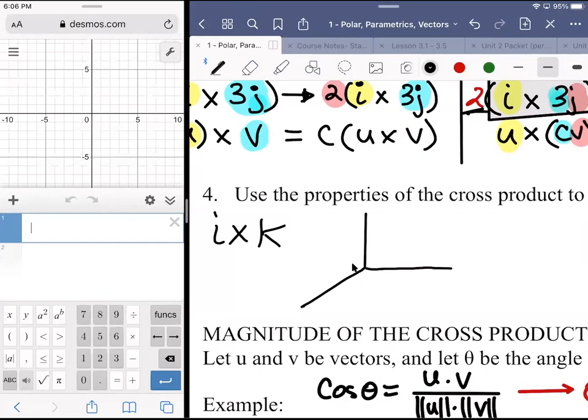Forget the line draw tool if it's not going to lock into place the right way. So here's the x-axis, the y-axis, the z-axis. And I'll put I here. Here's K.